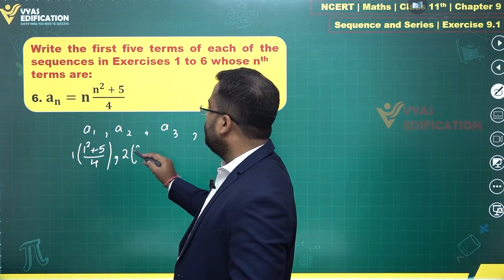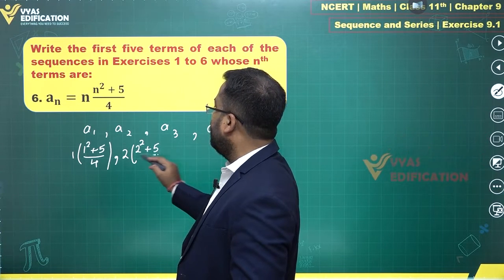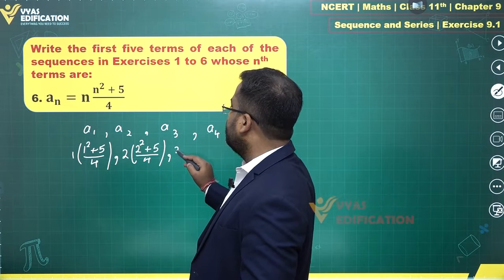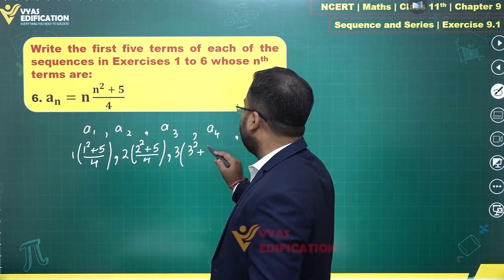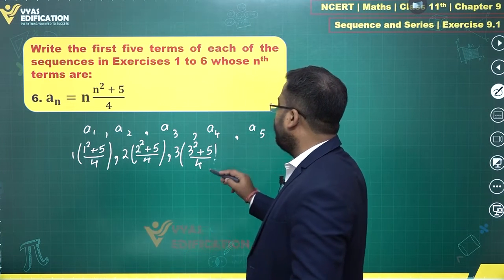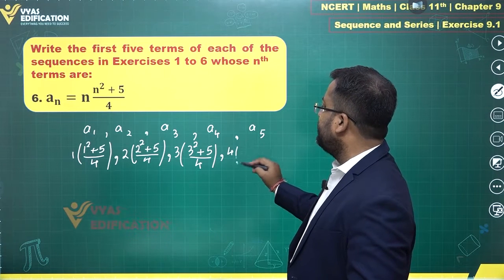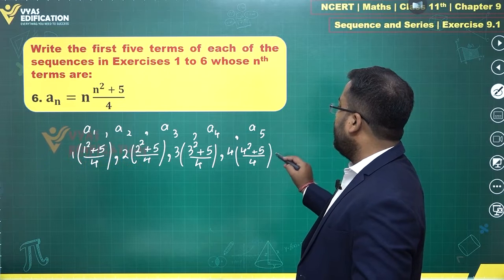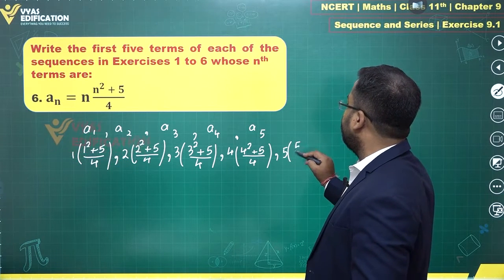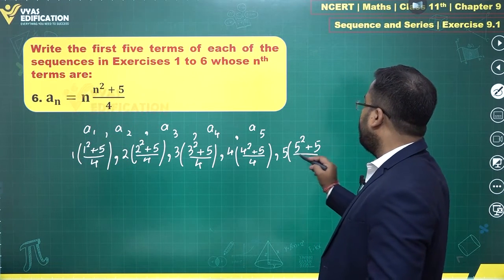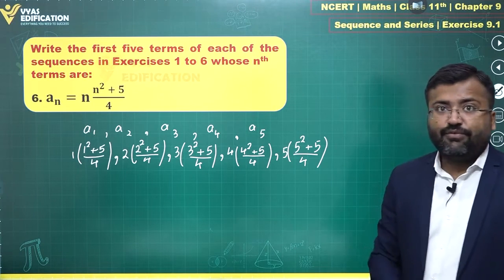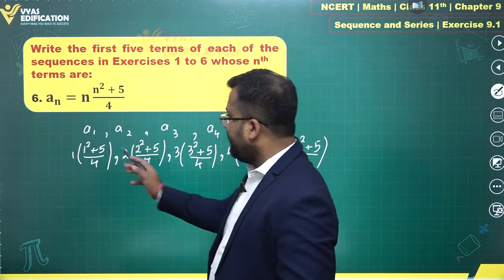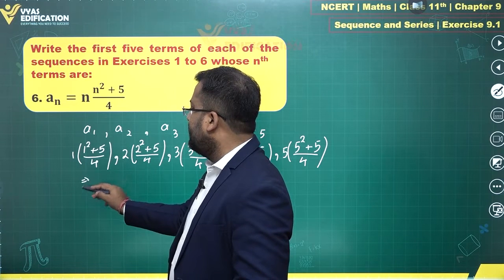This is 2 times 2 square plus 5 upon 4. This is 3 times 3 square plus 5 upon 4. A4 will be 4 times 4 square plus 5 upon 4. And A5 will be 5 times 5 square plus 5 upon 4. This is what you will have. Simplifying this value, this is 5 plus 1, 6 upon 4, which is 3 by 2.